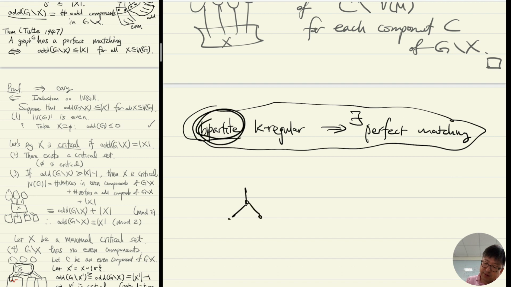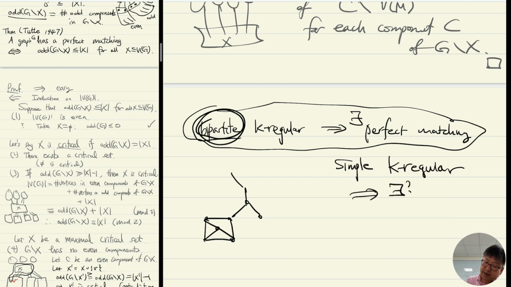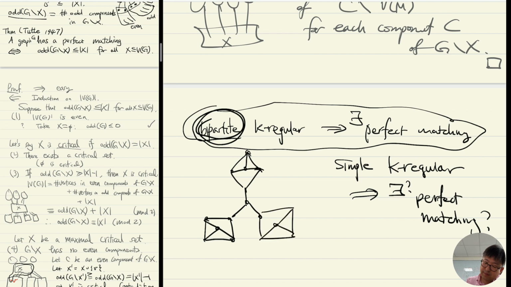Here's an example, and let's say it's simple. So, a simple k-regular graph, and do we have a perfect matching? I'm showing you a counterexample.